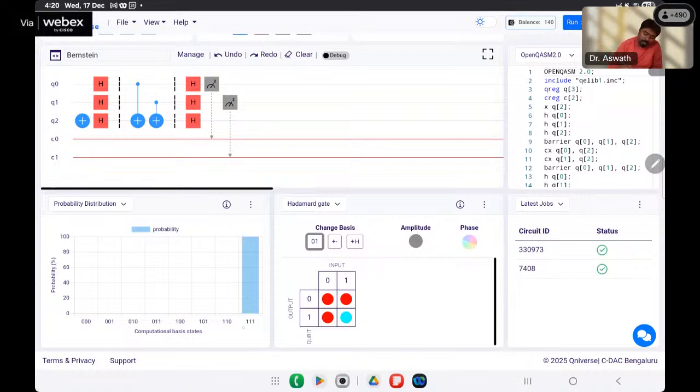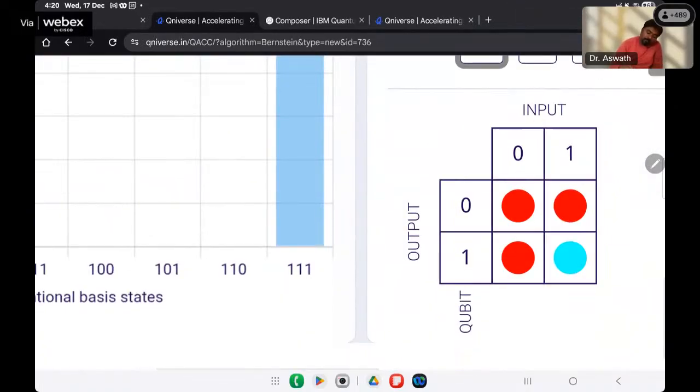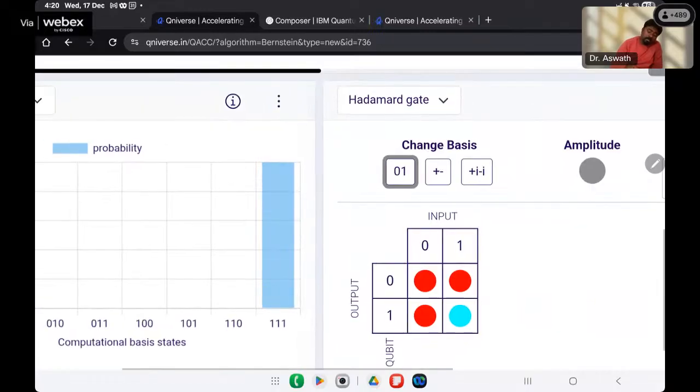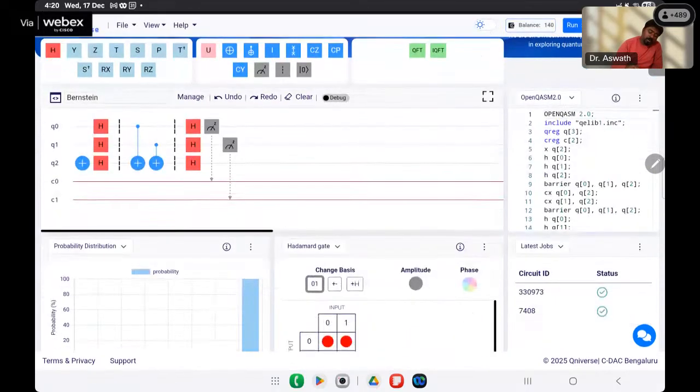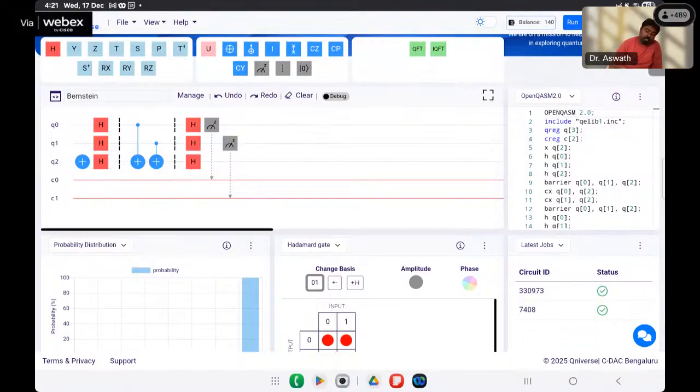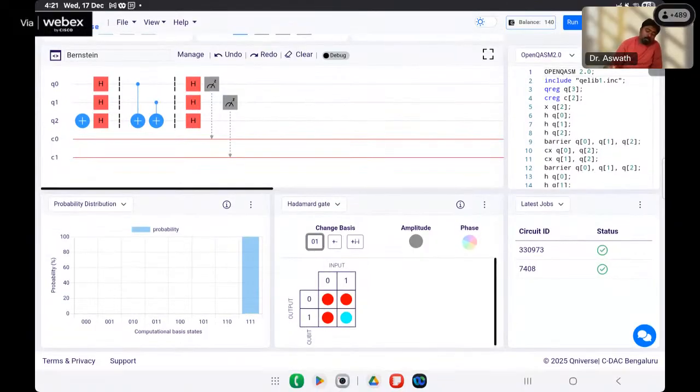Let me enlarge. The left-hand side entry corresponds to the ancilla qubit. The rightmost is Q0, the middle one is Q1, and the left one is Q2.